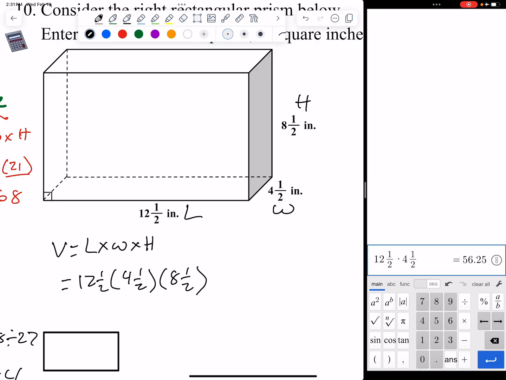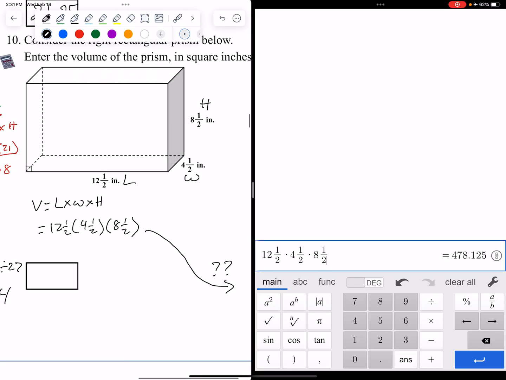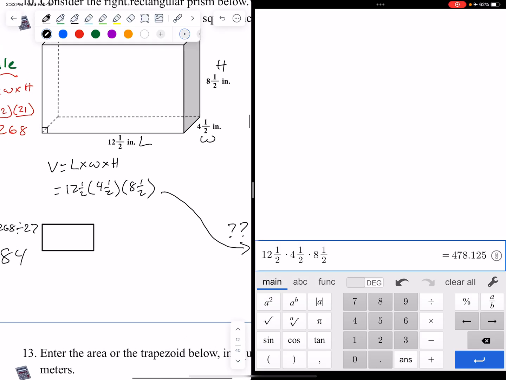So now I have another times, and I have an 8, and the 8 has a fraction. So there's a 1 and a 2. So before I do anything, I want to make sure, does this look like that? So 12 and a half times 4 and a half times 8 and a half. Yes, it does. So then my total is going to be 478.125 cubic inches.